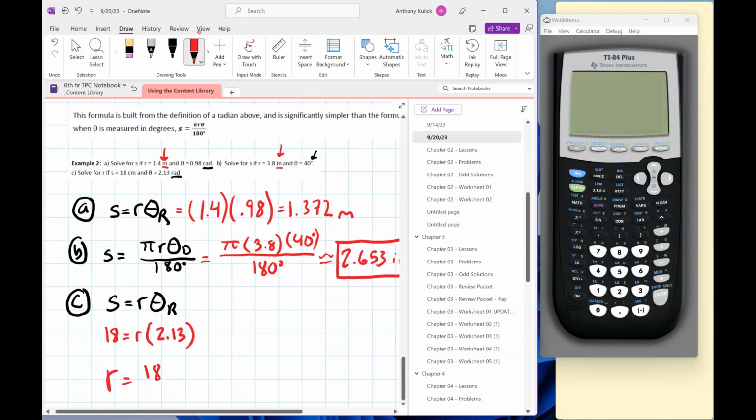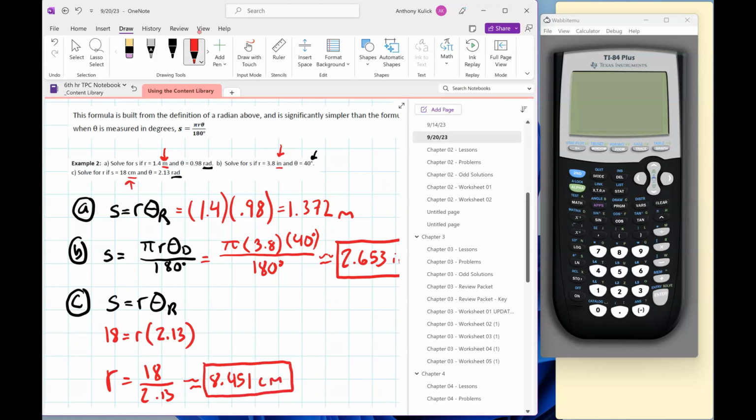So R is going to be 18 divided by 2.13. When I type that through in my calculator, I get about 8.451. And the unit here should be centimeters, yes. So again, the radius and arc length should be in the same unit.